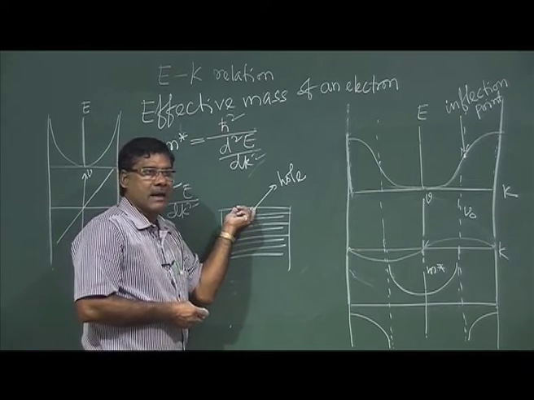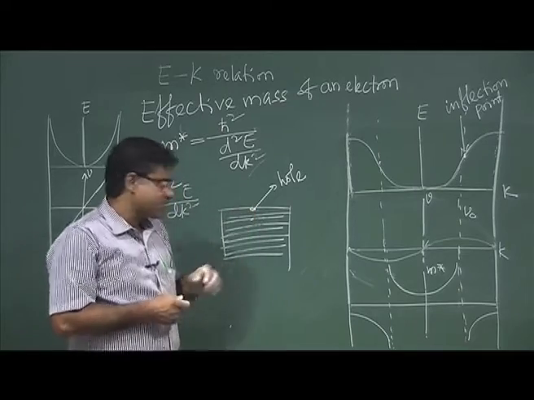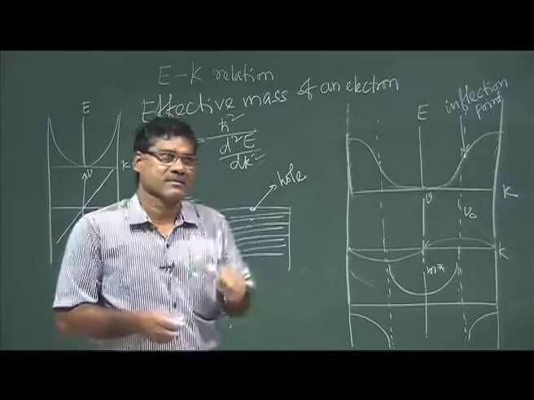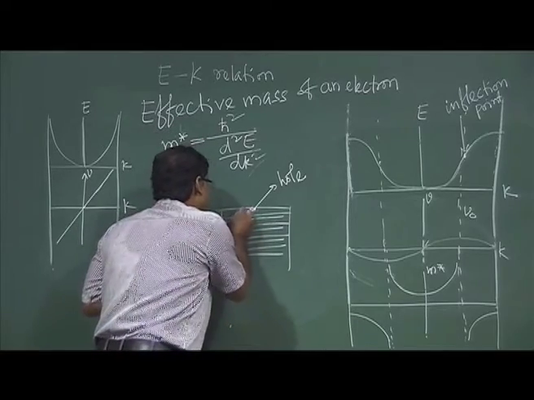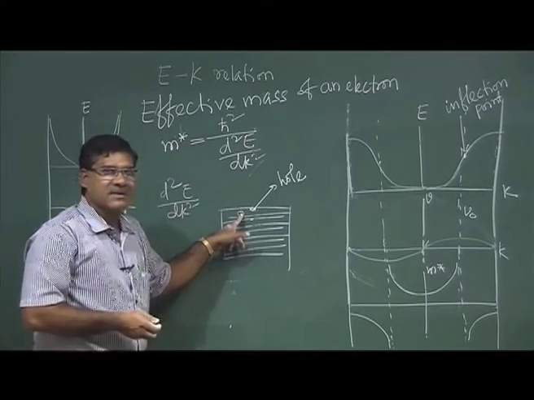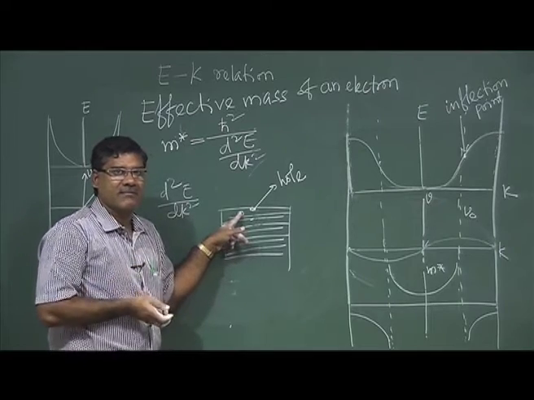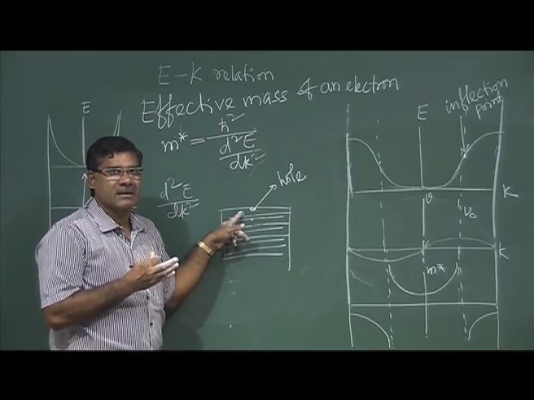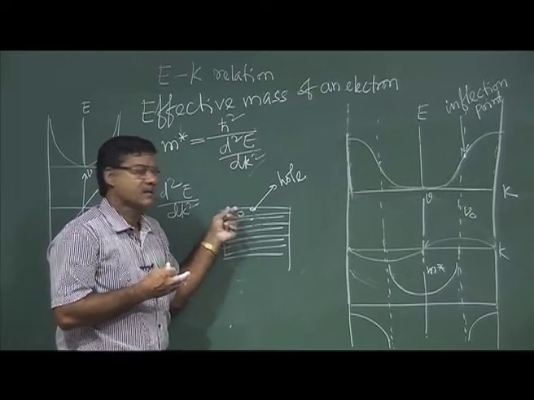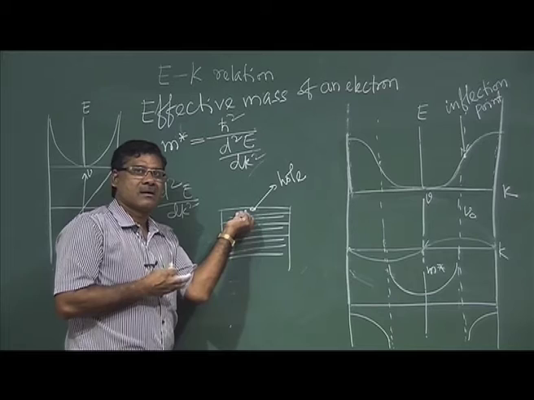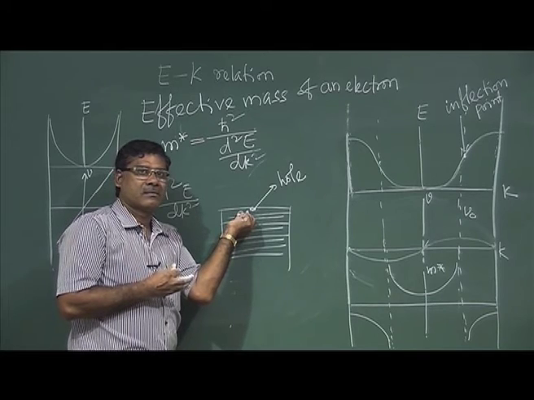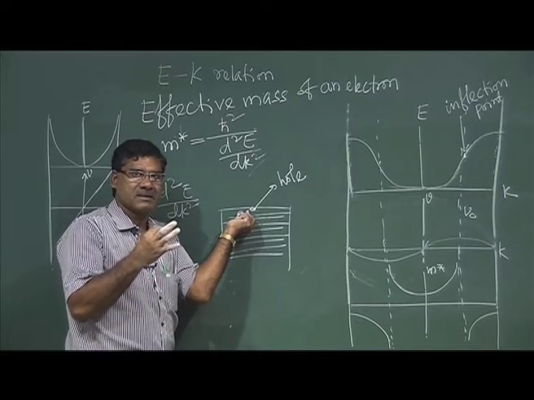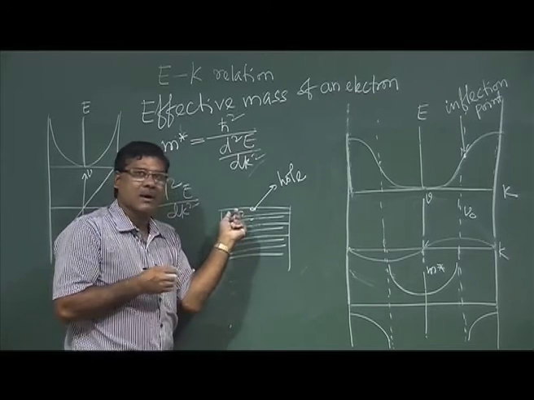Now, the absence of this electron, we can think of as a vacancy. The absence of an electron having negative charge and negative mass, we can think of as positive charge and positive mass. So this is nothing but the hole.